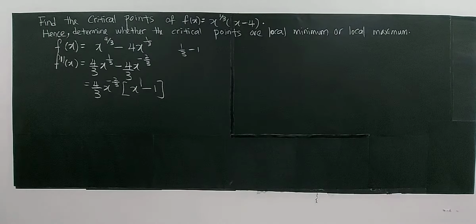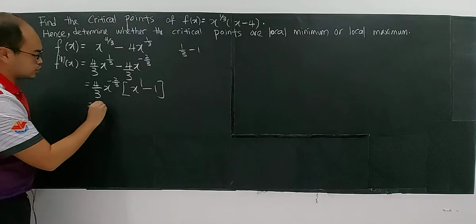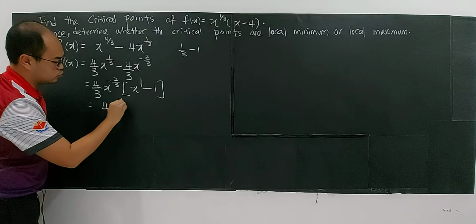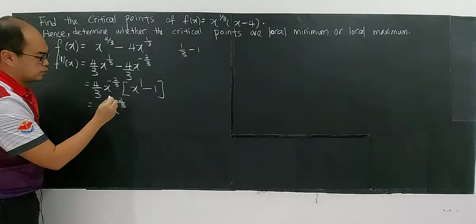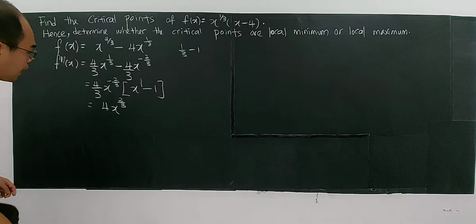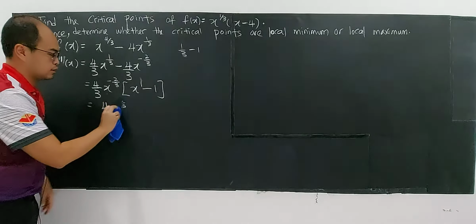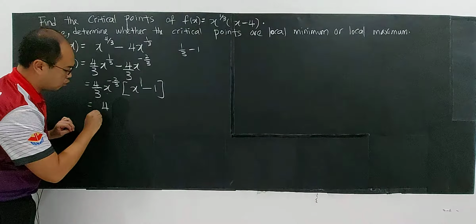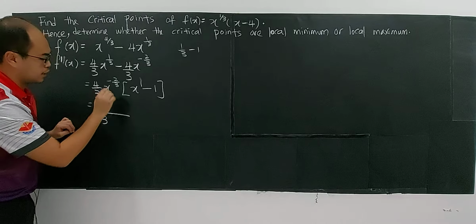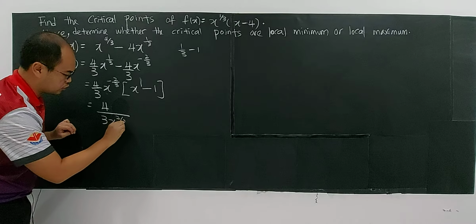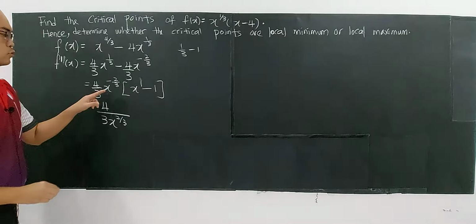So I modify this function, getting 4/3 x to the power of negative 2/3 times x minus 1. Alright, so this is your first derivative.